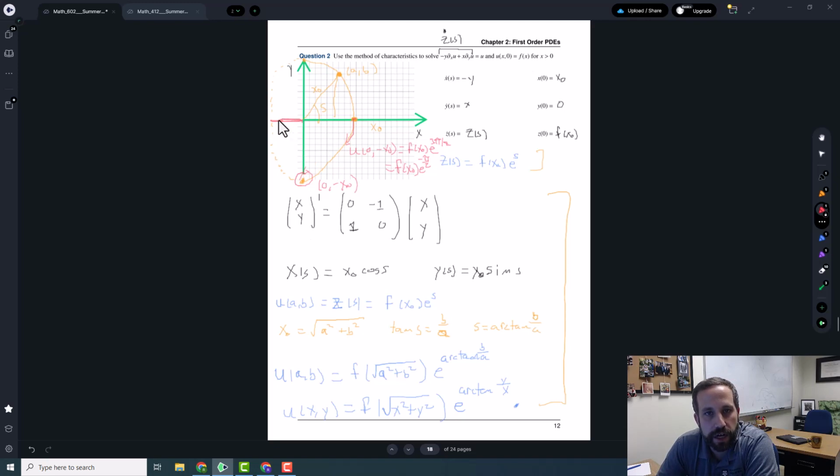But notice that I couldn't specify the values of u along this part of the curve right here, because once I know u at this point, I can figure out what u is at the corresponding point over here just by following it around the circle. Okay, so this is a PDE with some interesting phenomena, and we'll talk a little bit more about that in the following page.